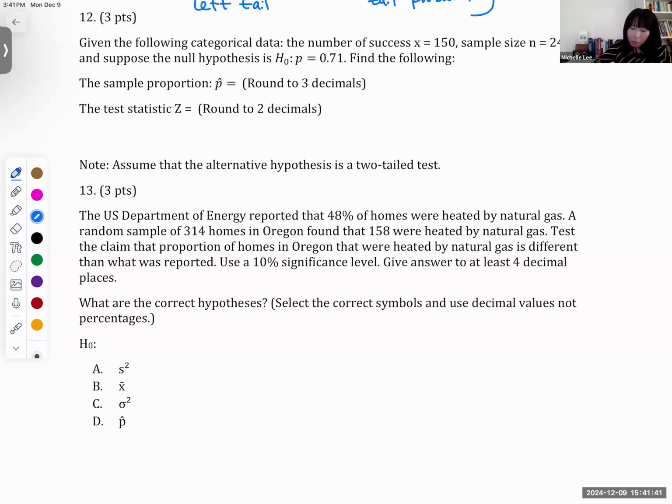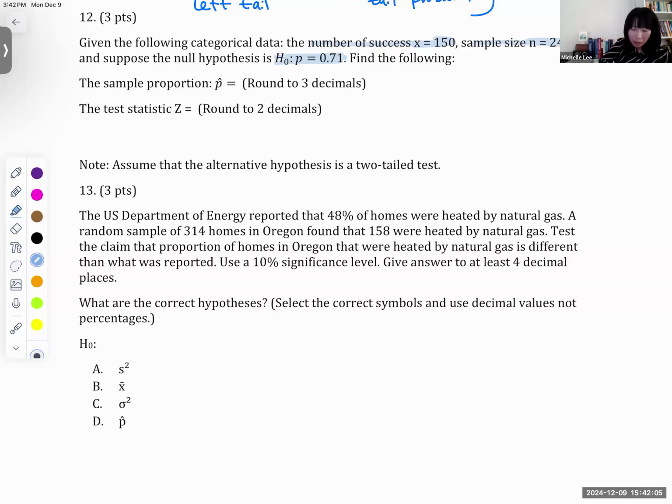Okay, number 12. The number of successes is x equal to 150. Sample size is 242. And then the null hypothesis is proportion equal to 0.71. And then the alternative hypothesis, right?